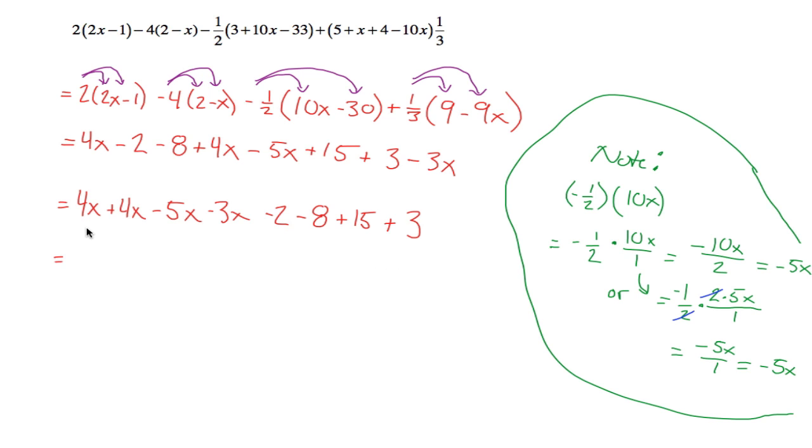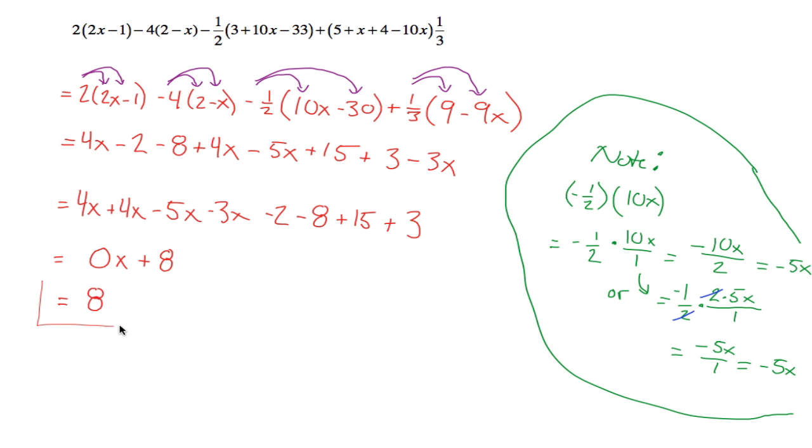Adding things together, 4 plus 4 is 8, minus 5 is 3, minus 3 more is 0, so 0x. Negative 2 minus 8 is negative 10, plus 15 is 5, plus 3 is 8. And when you have 0 of x, you don't even write it, we just write 8.